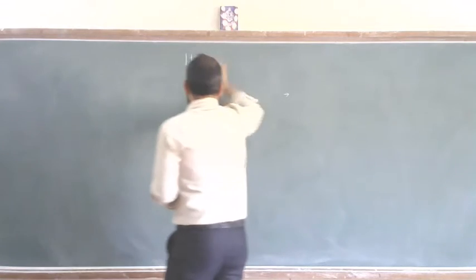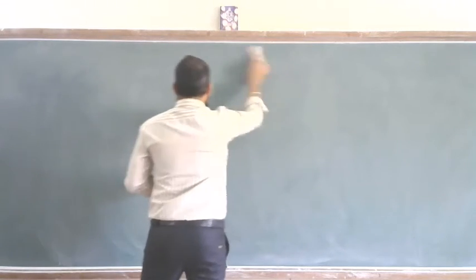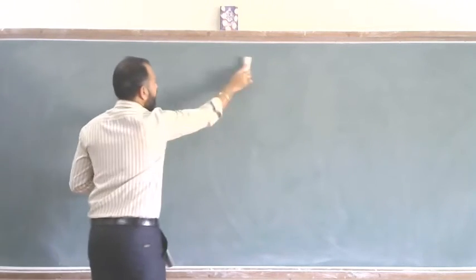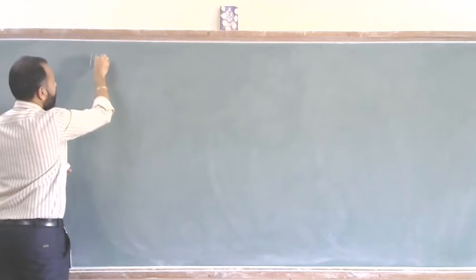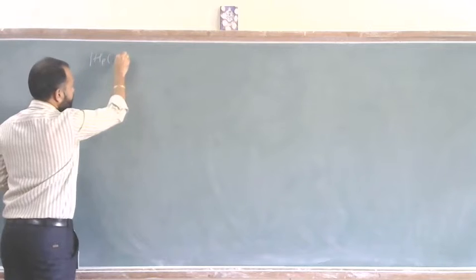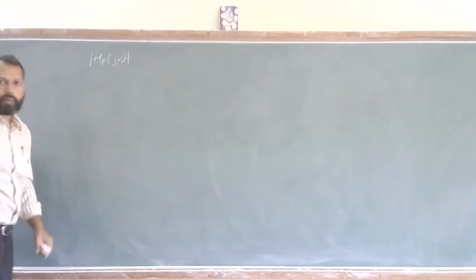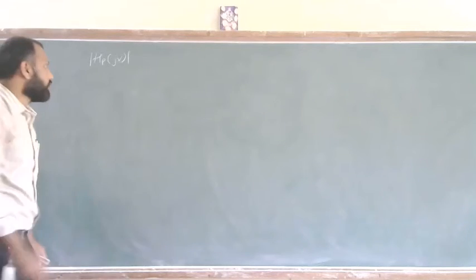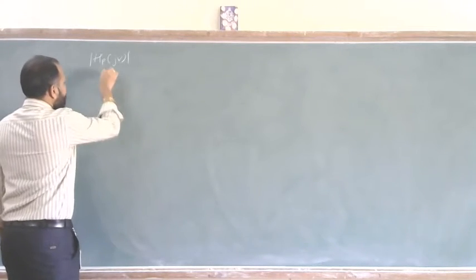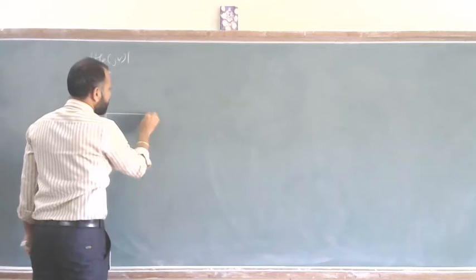I'll redraw the magnitude response. The magnitude response of a low pass prototype filter is given by the magnitude of HP of jV, where V is the normalized frequency, and the magnitude response is the same as what we had drawn earlier.